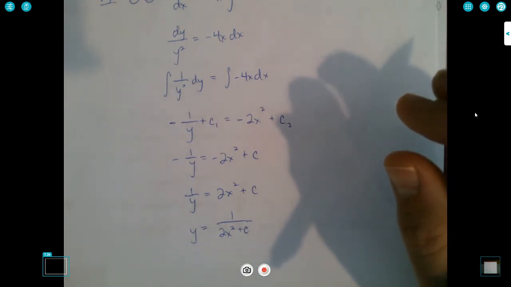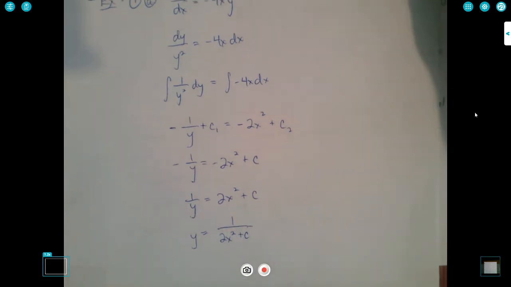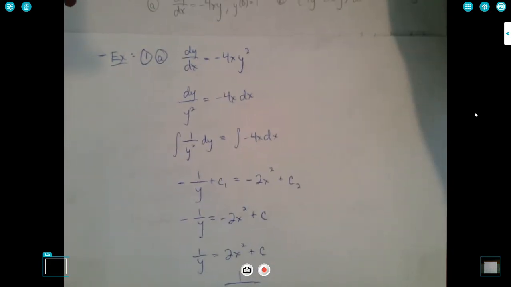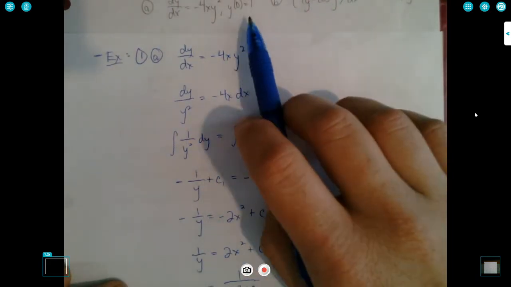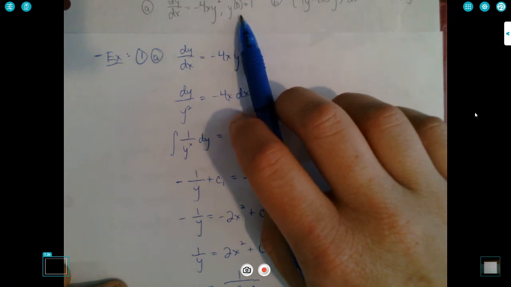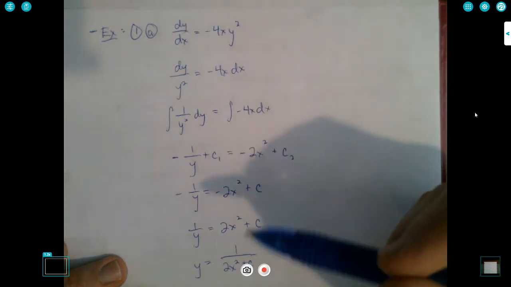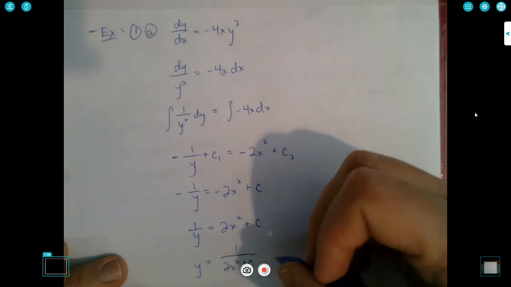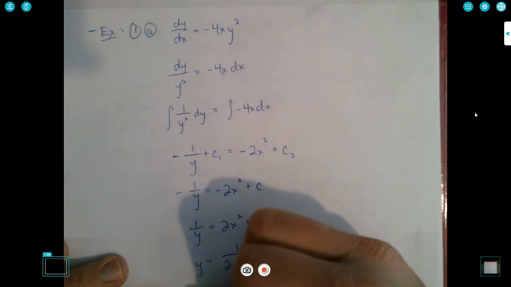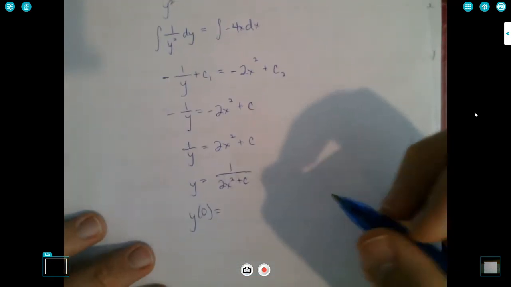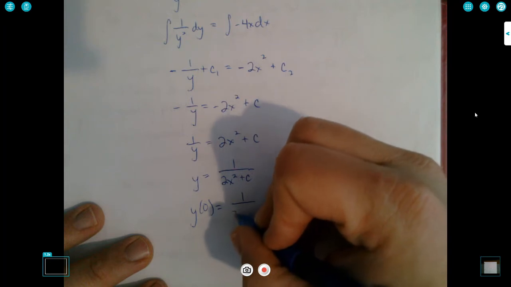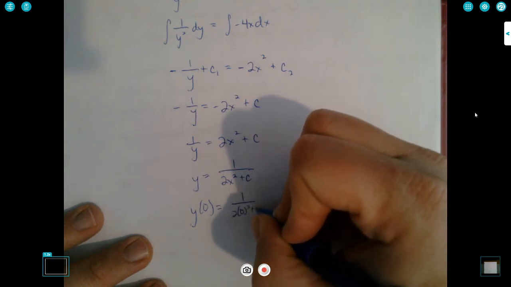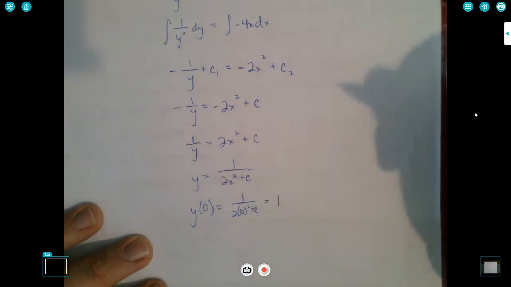So the trick now is that I've got to solve for c. So I have to figure out what c is. And I can use this initial condition to do it, right? So I know that y of 0 should equal 1. So when I plug in 0 for x, I should get 1 over 2 times 0 squared plus c, and that should equal 1.